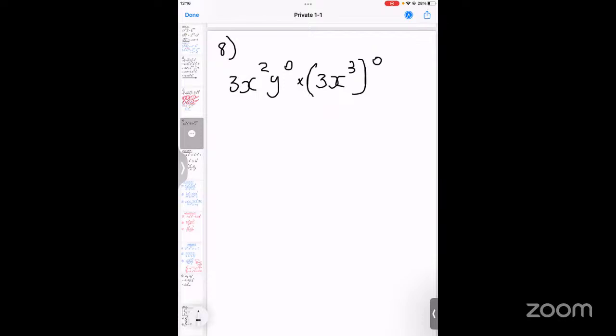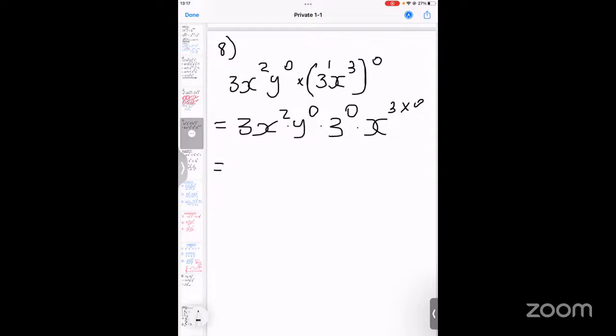I'm therefore going to take you through so that you can see how this one is done, because it has some interesting exponents there. So we always start where we have brackets. So we have 3x squared, we have y to the 0, and that means it's 3 to the 0, because it's like 1 times 0, which is 0. And then we have x to the, it's like we have 3 times 0 there.